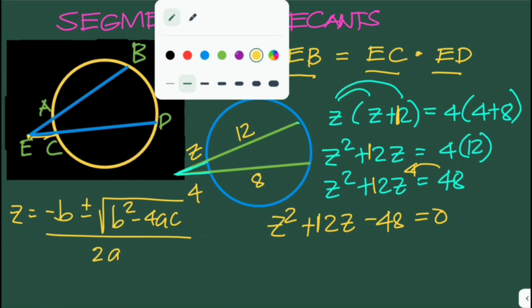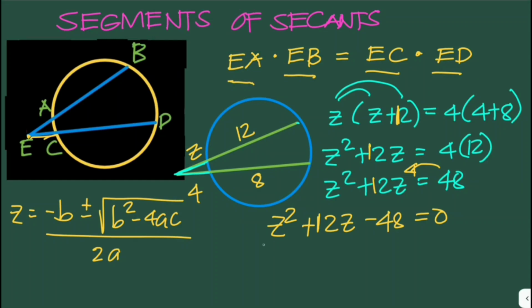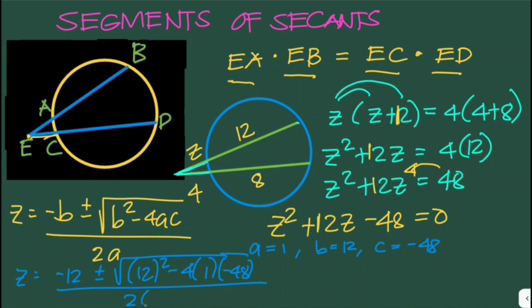In this case, the values of a, b, c are equal to 1, 12, and negative 48. And then we plug into our quadratic formula. So this would be negative 12 plus minus square root of 12 squared minus 4 times 1 times negative 48 over 2 times 1.